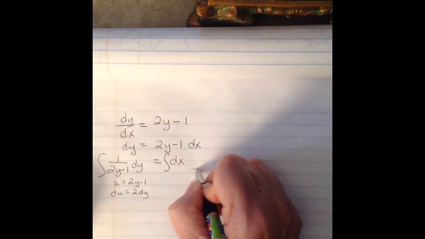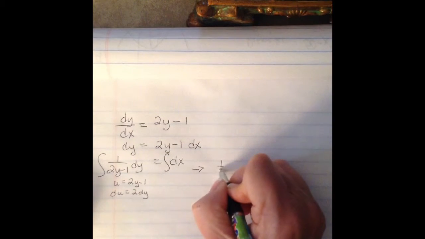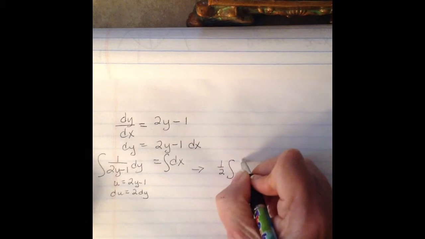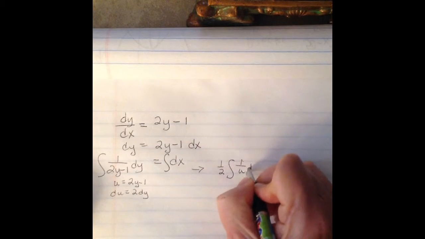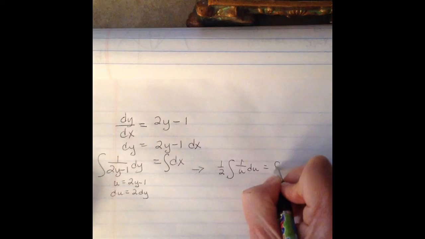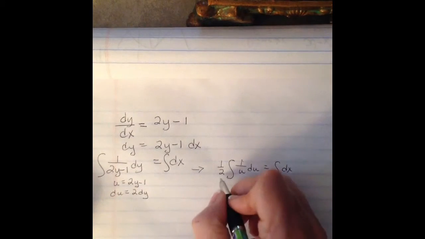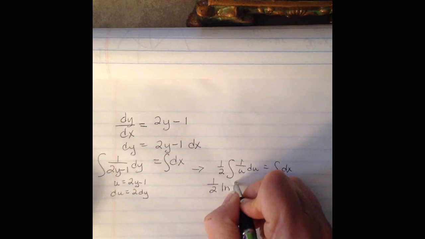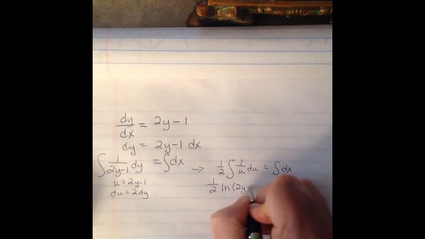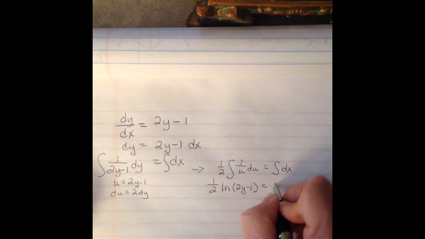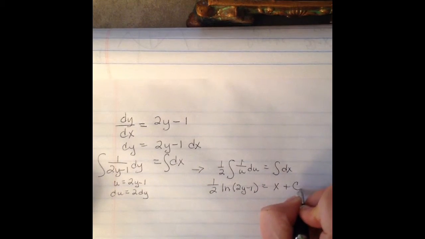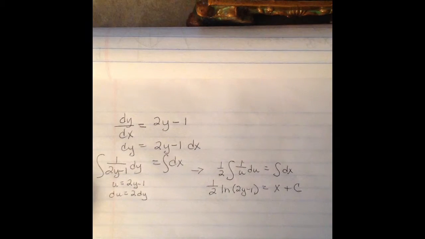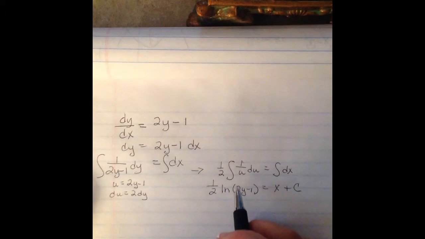So if I negate it, I'm going to have 1/2 the integral of 1 over u du equal the integral of dx, and that'll be 1/2 ln of 2y minus 1 equal x plus c, and you put the c just on one side. You put it on the side with the x. You don't need to put it on this side, because if you had a constant on this side and took it to this side, they would just combine.